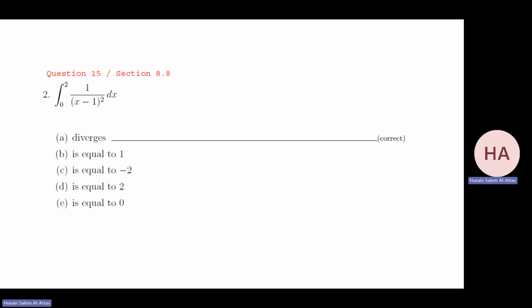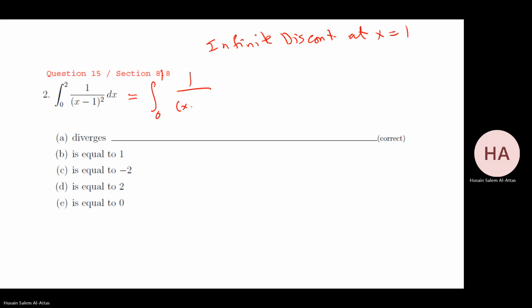This one, then I will stop this video. Now my concern is about the 1. Yeah, so I need to split this. I have an infinite discontinuity at x equal 1. So I split this, 0 to 1 plus 1 to 2.